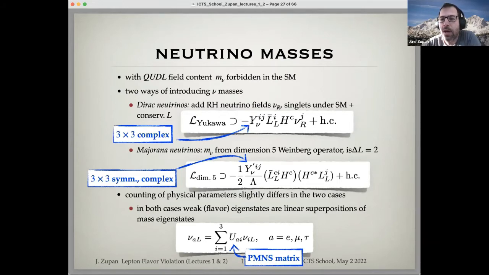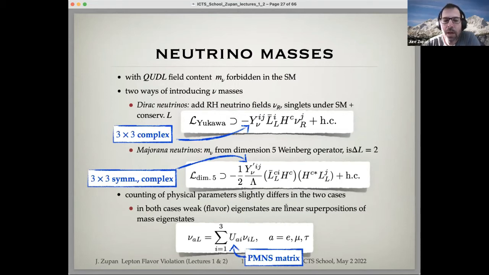Here I had the completely general 3×3 complex matrix and 2 sets of fields. In the other example, the Majorana neutrinos, it's a symmetric 3×3 complex matrix, but the transformations will have to be the same. So it will be a different diagonalization procedure because I have left-handed and left-handed fermions. The counting of physical parameters is slightly different.